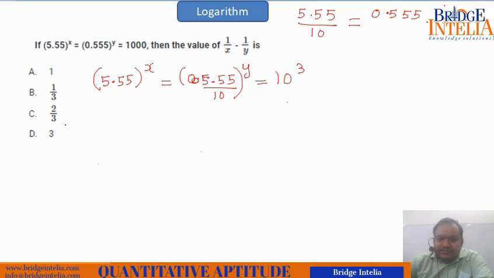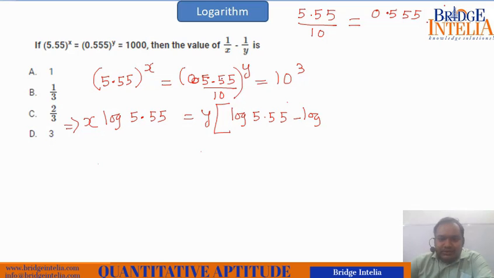So it would mean that x log of 5.55 is equal to y times of log 5.55 minus log 10, because it is of the format a by b, minus log 10, is equal to 3, because log of 10 cube is 3.